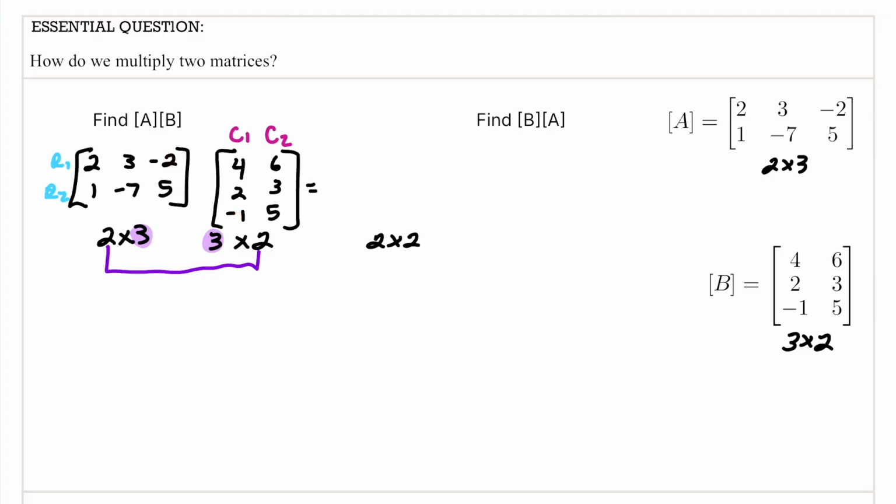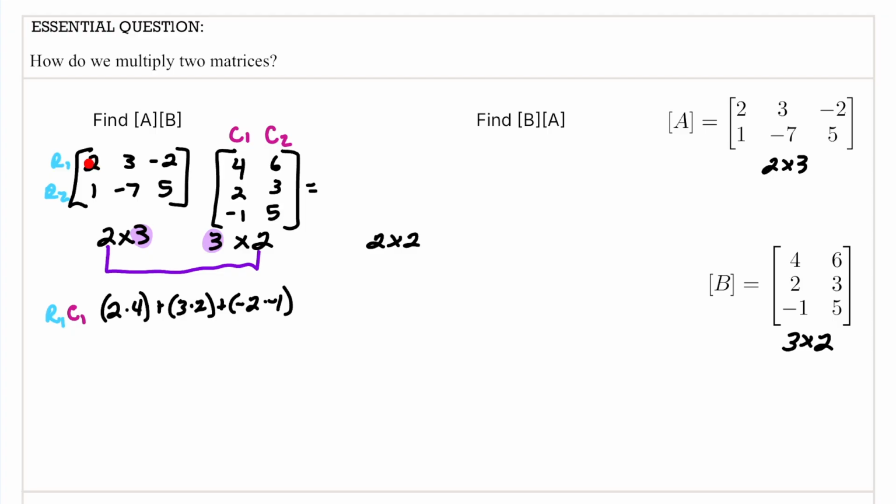So we're going to take row 1, column 1, and we're going to multiply that together. That's going to be 2 times 4 plus 3 times 2 plus -2 times -1.